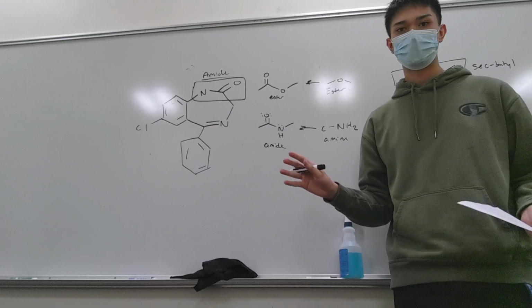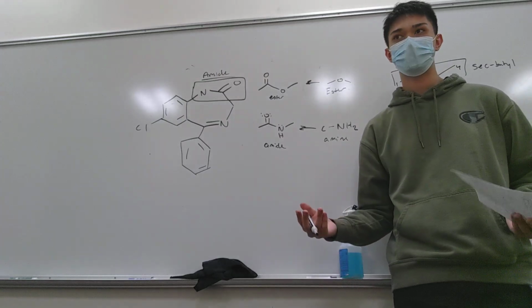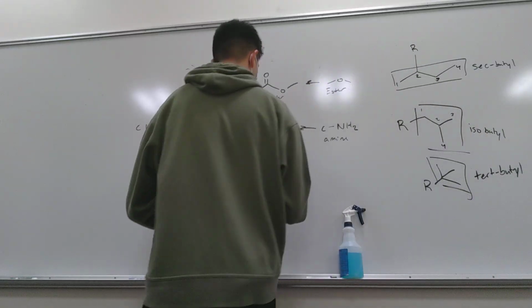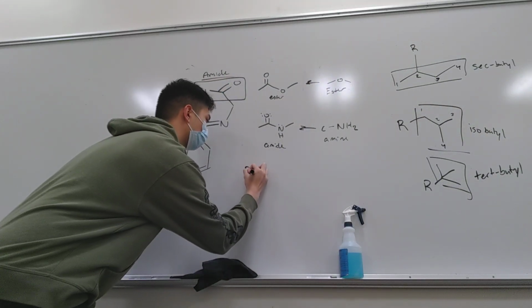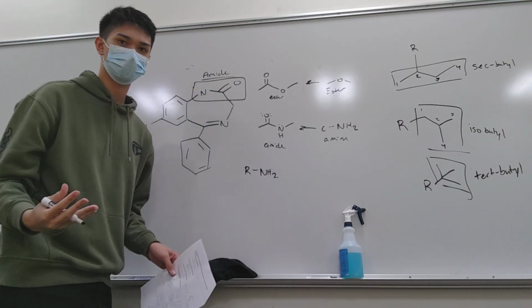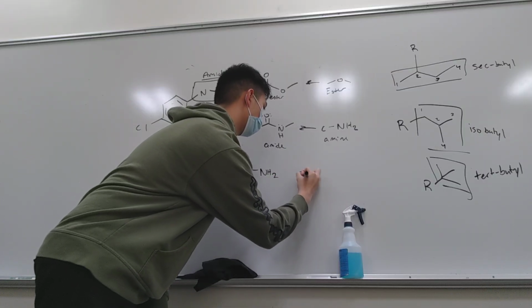Now, in classes, we've heard that there are different types of amines. There's primary, secondary, tertiary. Let's go over that real quick. It really just differs based on how many R groups are attached to that nitrogen in the amine.